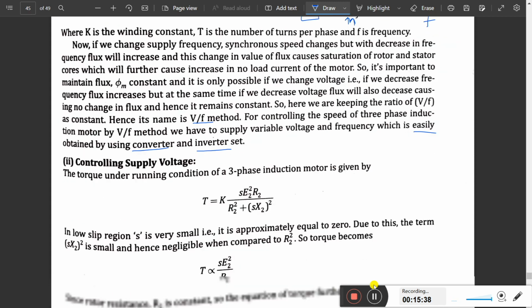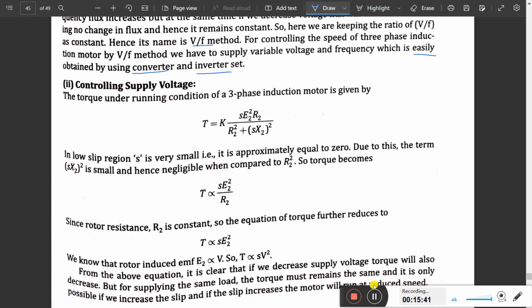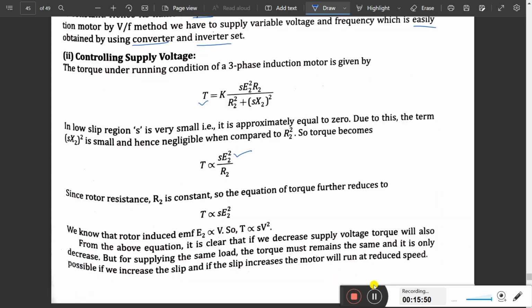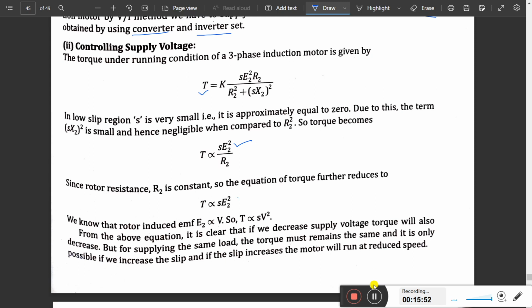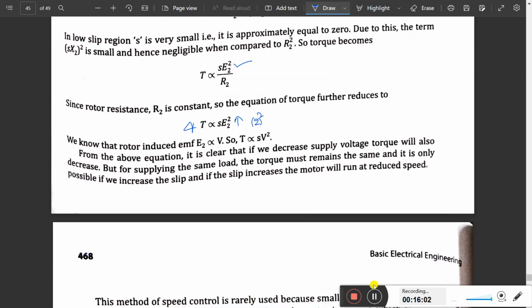Now the second controlling method is controlling supply voltage. From the torque equation we know T is directly proportional to E2 square. We are already aware of this equation. Now if I vary the supply voltage, the torque varies by square times. For example, if the supply voltage is increased by two times, the torque increases to four times.